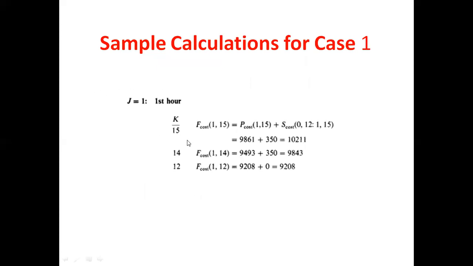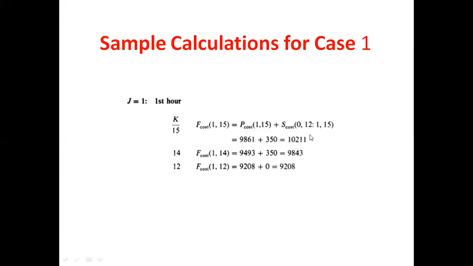So this is the sample calculation for case 1, where for the first hour we put the k value of 15, so it will be 1 comma 15, that is the first hour and the 15 state, and the production cost of the first hour and the 15 state plus the cost, as given in our previous discussion, of j minus 1, that is 1 minus 1, the 0th hour, and the state L, that is 12.